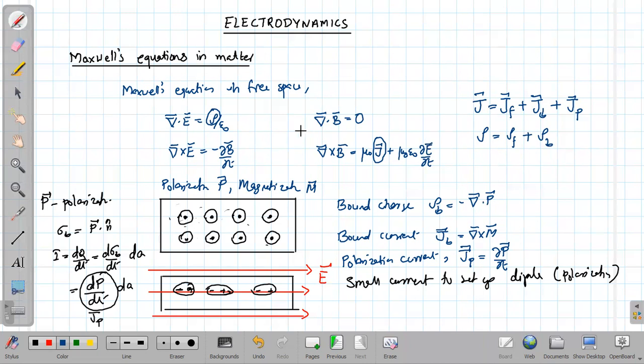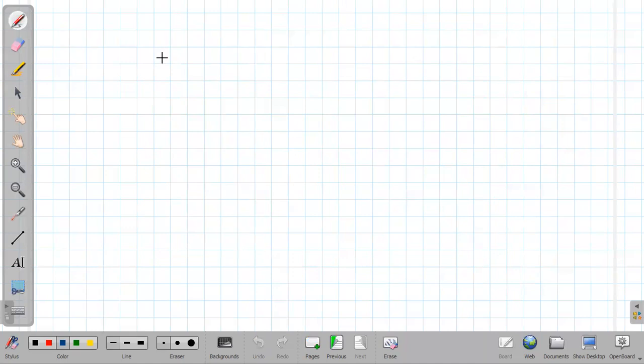Now we can substitute this expression over here and see what we get. So del dot E is rho by epsilon 0, which is equal to rho F plus rho B by epsilon 0. Now rho F plus rho B, with rho B being minus del dot P, divided by epsilon 0.